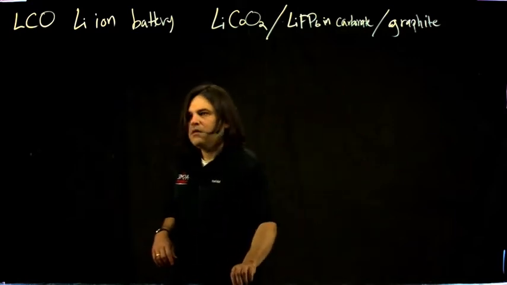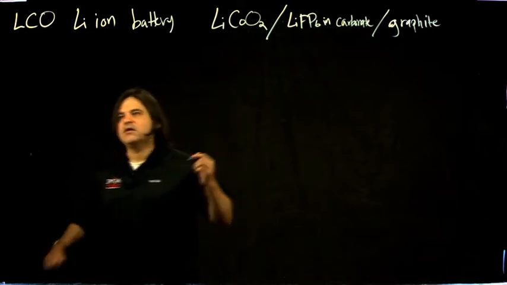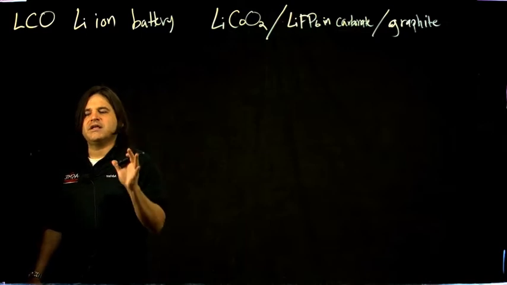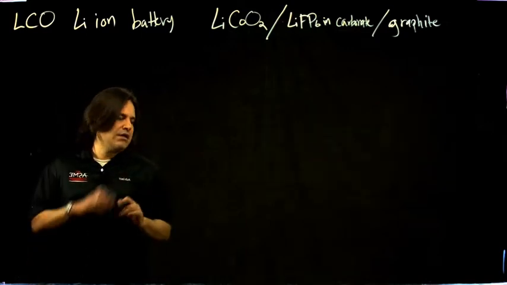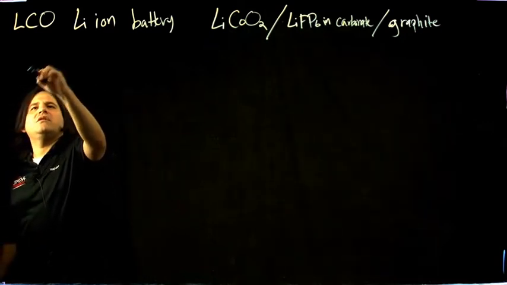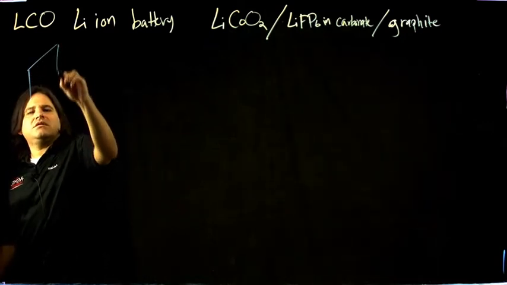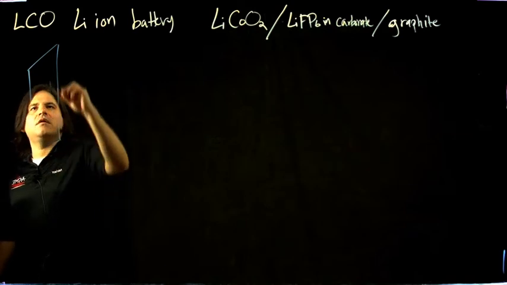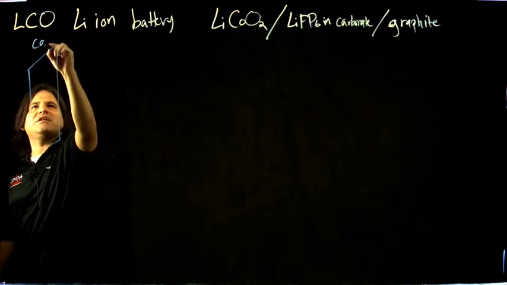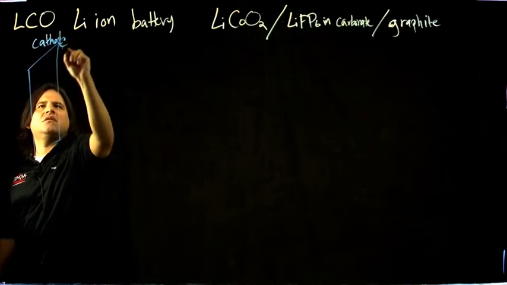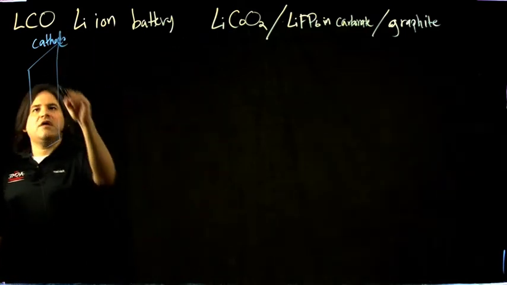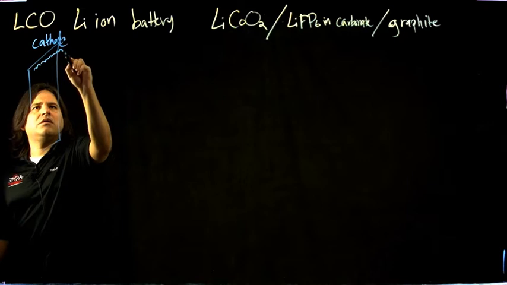The way that it looks in terms of an electrochemical cell is it has two half cells, the anode and the cathode. So the cathode can be seen as a plate. This is the current collector plate. So if this is the cathode, for this particular battery, it will have a porous film.